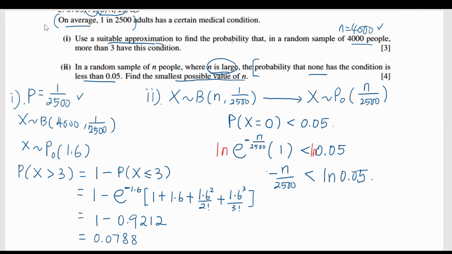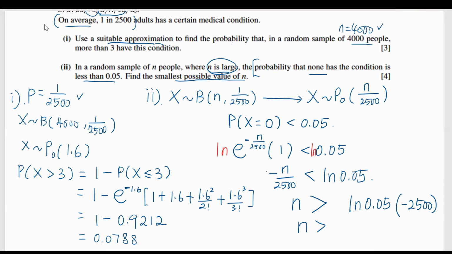Then you have to reverse the direction of the inequality, because in this case you are multiplying ln 0.05 by negative 2005. So what is the value of n? Let's calculate: ln 0.05 times negative 2005.